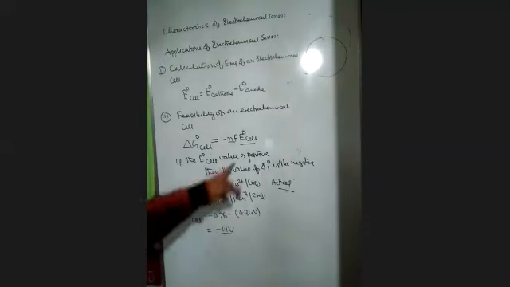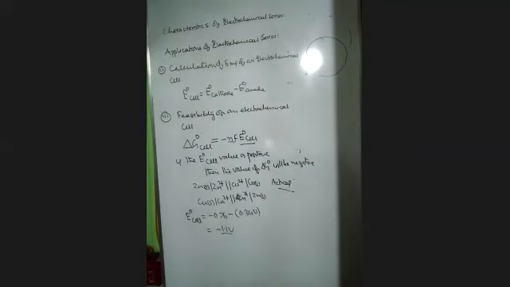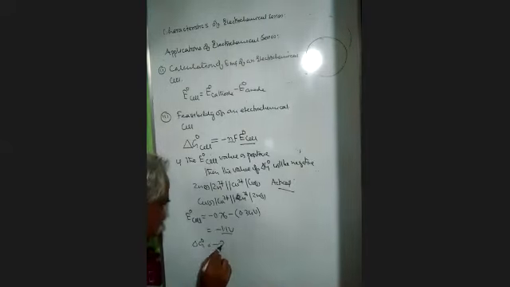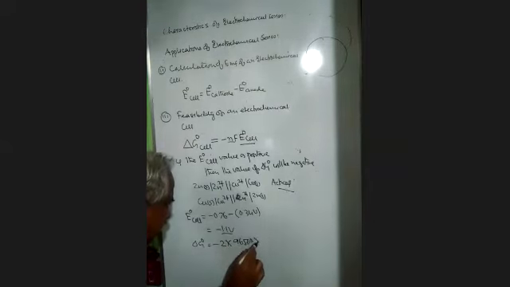So if I put the value, what will we get? Delta G, you know, n is two moles of electrons, and this is 96,500, times minus 1.1 volt. The value will be positive.